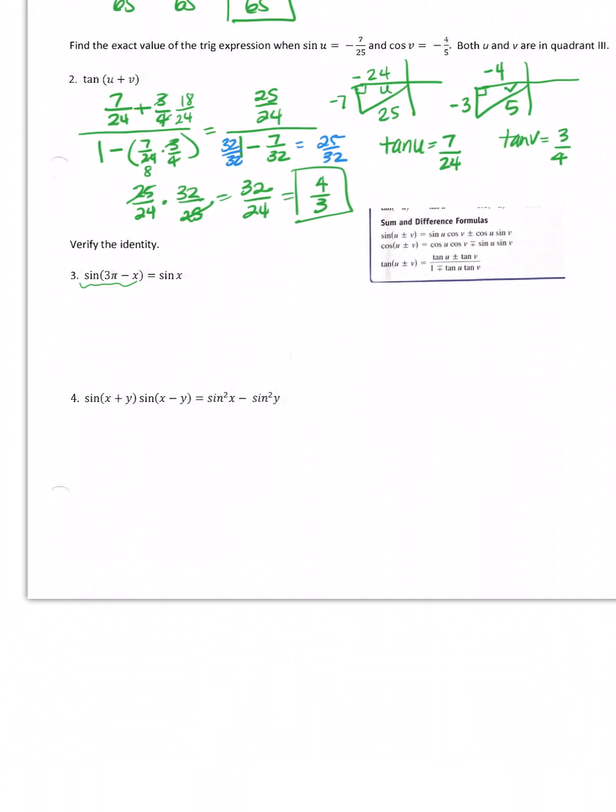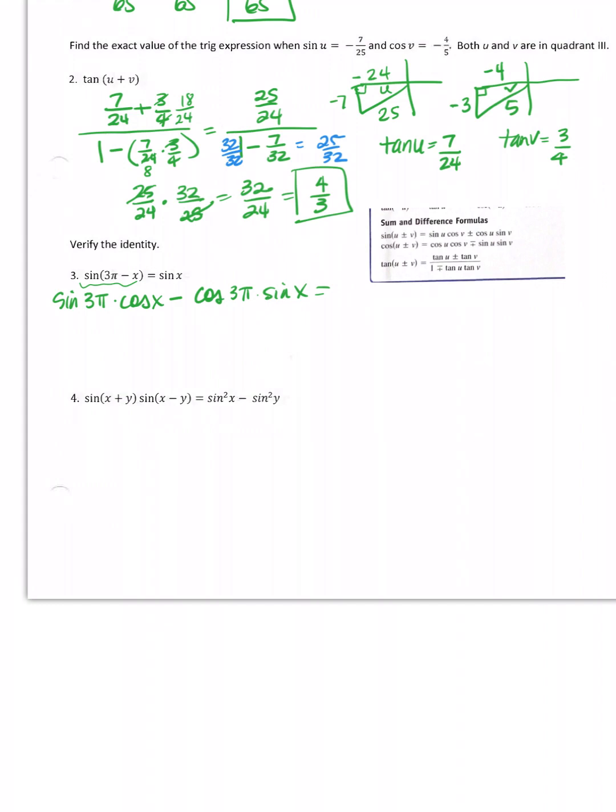Now, that being said, let's utilize what we know about the difference of sines. So we're going to do the sine of 3 pi times the cosine of x minus the cosine of 3 pi times the sine of x. We're ultimately trying to make it equal to sine of x, right?